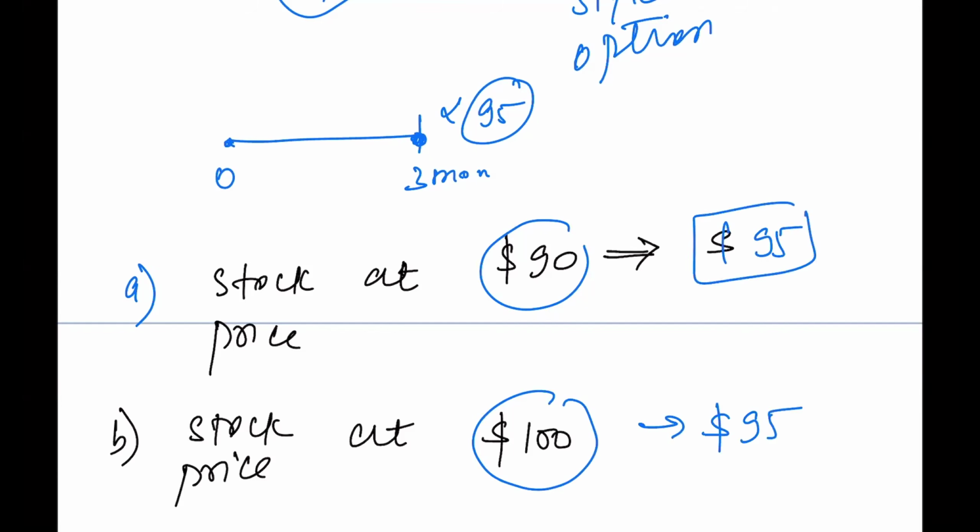If I'm getting something at 90 from the market, and in the contract I have mentioned 95, for me it's a loss, because I can get the same thing from the market at $90, but I'm still giving $95.